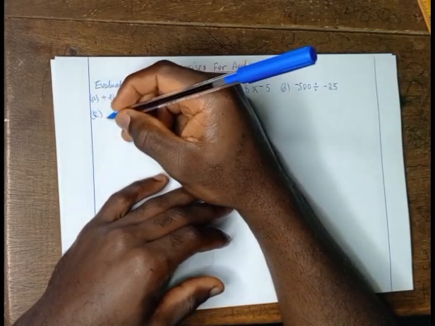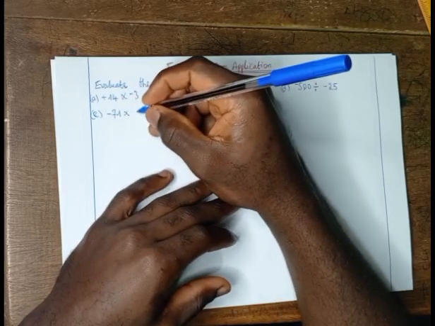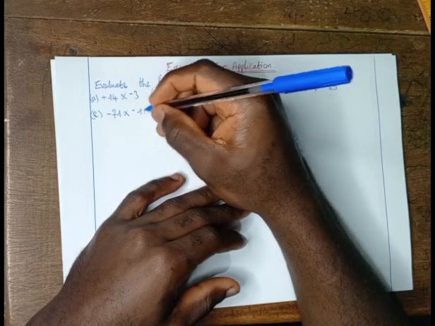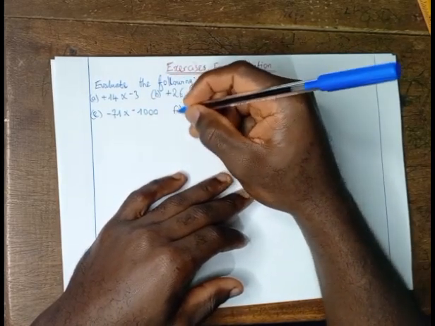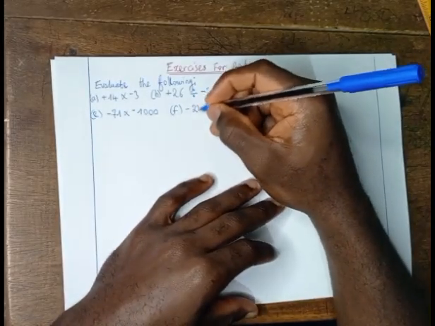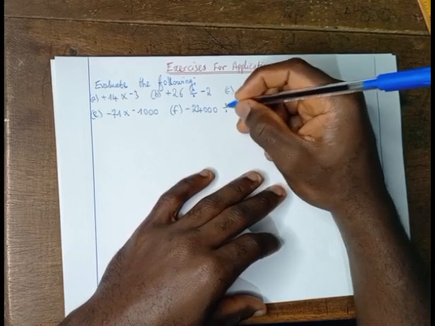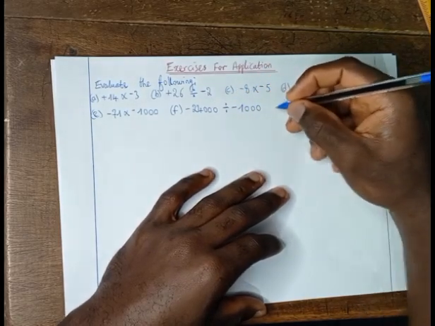E, we have negative 71 times negative 1000. F, negative 24,000 divided by negative 1000.